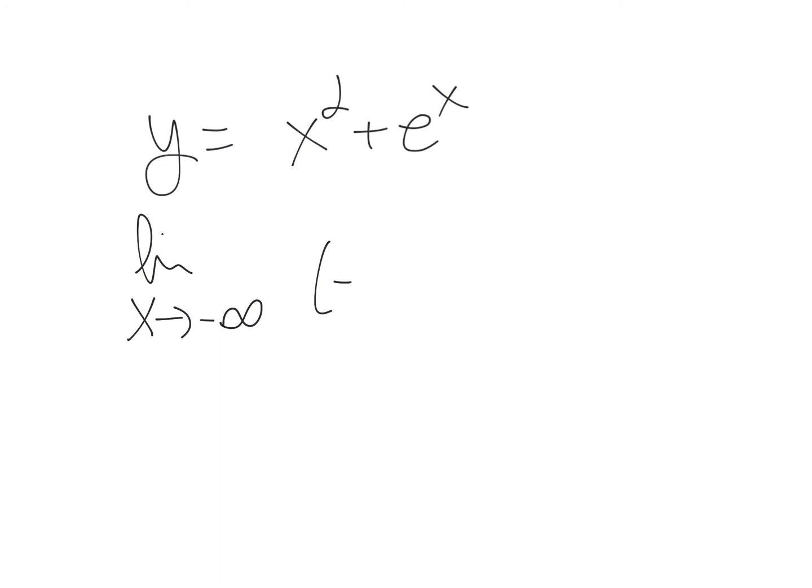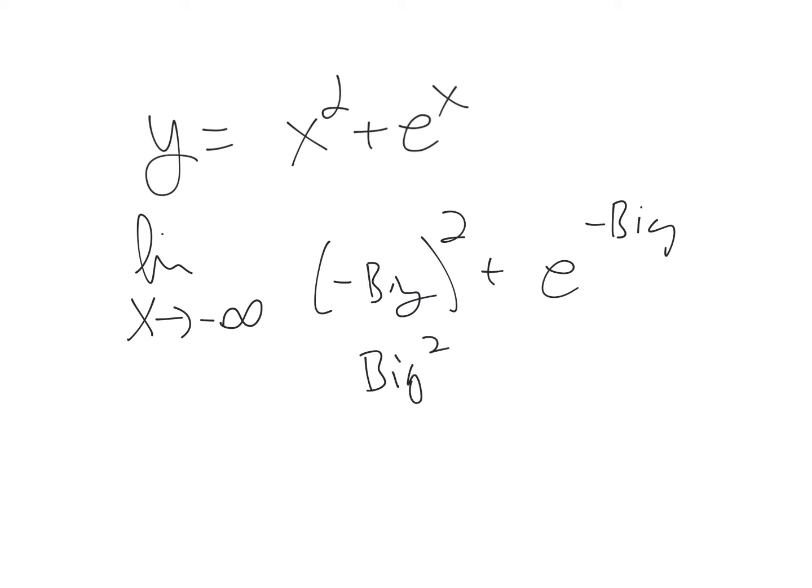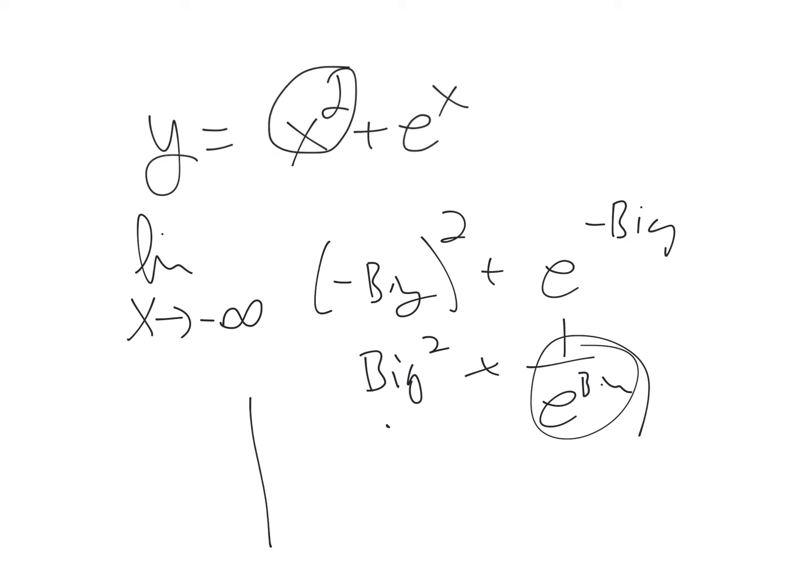I've got a negative big number squared plus e raised to the negative big number, and remember how we thought of this. So this is just going to become a big number squared plus 1 over e to a big number. Well, in this case, that goes to 0. What's left is the x squared. So what we would see out to the left would be the function x squared.